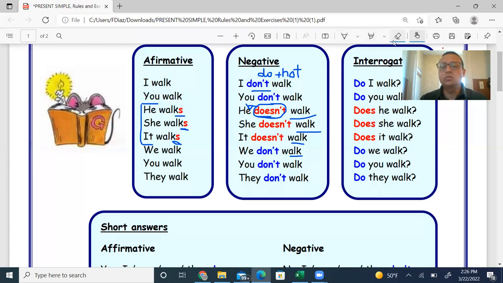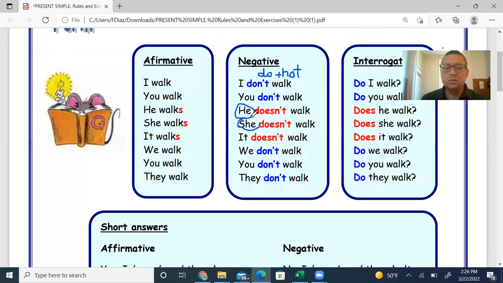Again, these rules only apply to he, she, and it. Another thing: don't try to translate these verbs. These extra verbs, do and don't, don't have translations.